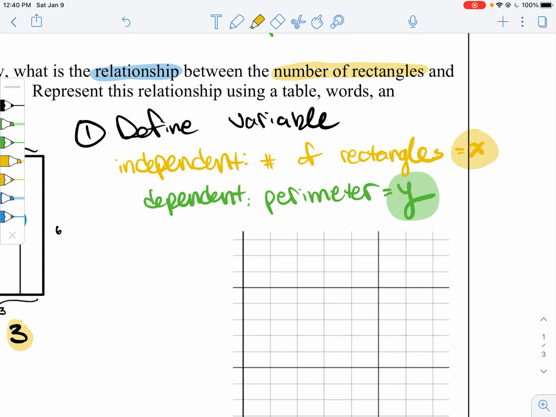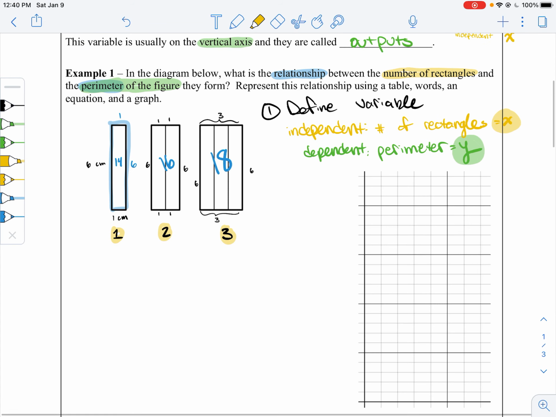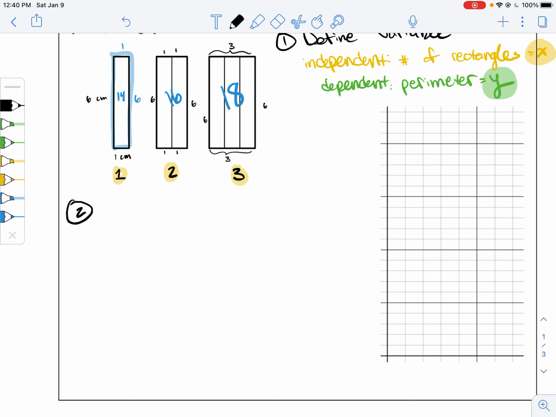Okay. It's also very important to define your variables so that you remember what they represent at any given time. And you're not just like, well, x, was that number of xylophones? What? Okay. So now we've got our variable straight. Let's make our table. So our table will give us an x value and a y value.